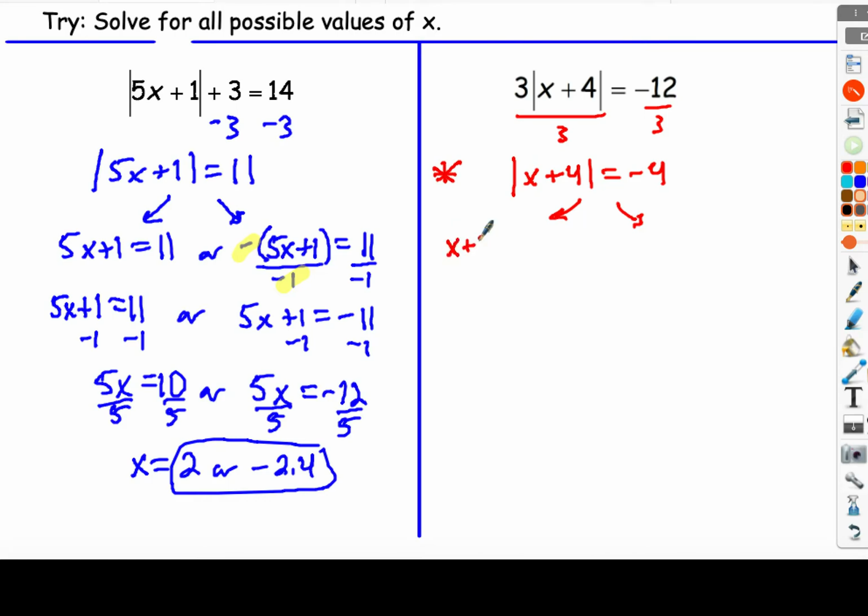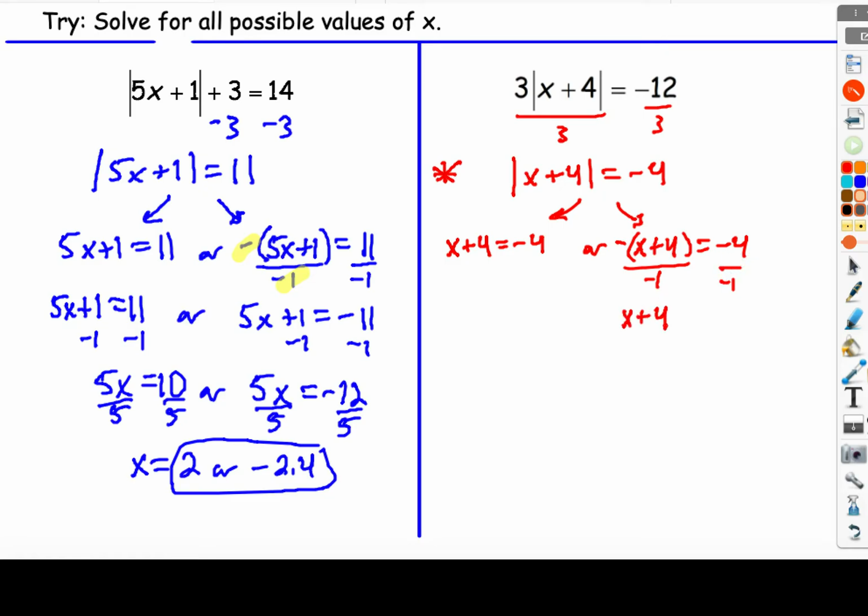X plus 4 could equal negative 4. Or x plus 4 already being negative could have come out to negative 4. All right, I'm going to plug that positive and negative in front of my quantity, just like I did over at the left. Then I'm going to go ahead and divide it away as I did previously as well.